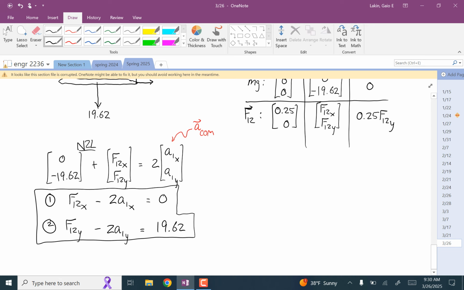Why did I rearrange this into this format where I have all my variables on the left and all my constants on the right? Yeah, because when we get to this big system of equations at the end, we're going to use reduced row echelon form to solve it.